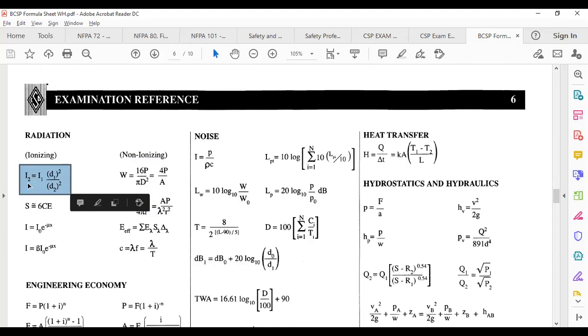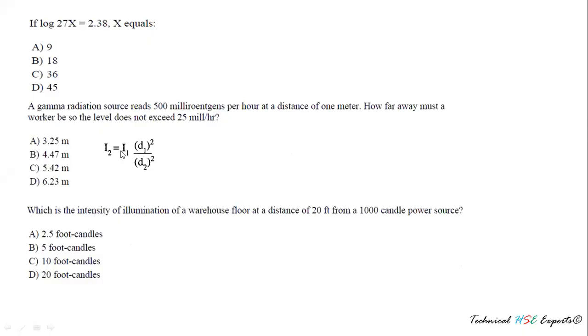Or else you can take I2 by I1 is equal to D1 square by D2 square. Apply the same formula inside and you will end up with option B.